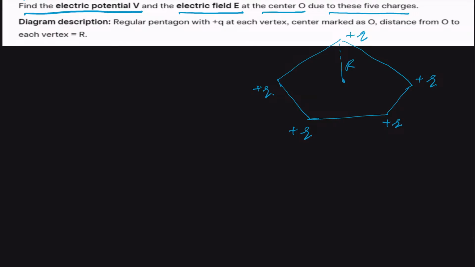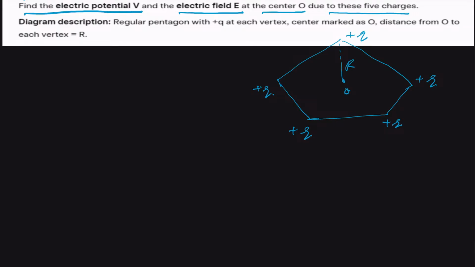And this is given to us as our r, and all the charges are plus q. And we have to find out the potential at the center O here.